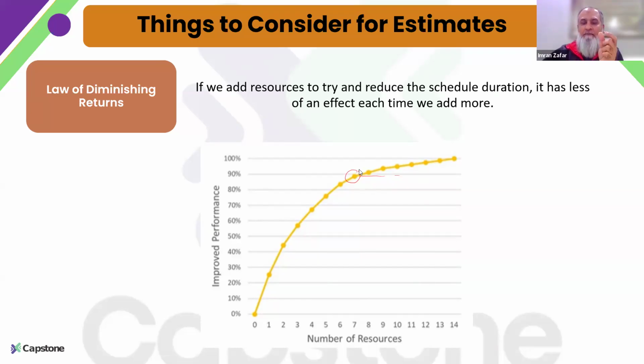So you need to find that optimal point which your project or your organization allows. Beyond that you should avoid going, because rather than giving you the advantage, it may start giving you disadvantages.